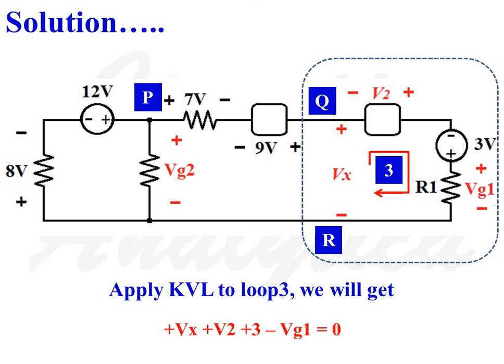Considering the third voltage source, in the clockwise direction, as we move from negative potential to positive potential, the 3 volt source should be taken as positive, plus 3. Considering the fourth term VG1, in the clockwise direction as we move from positive potential to negative potential, VG1 should be taken as negative, minus VG1, is equal to 0.